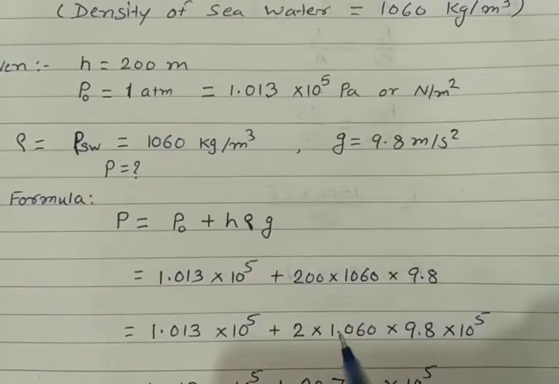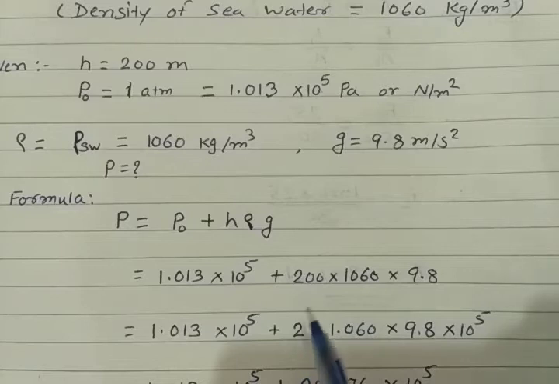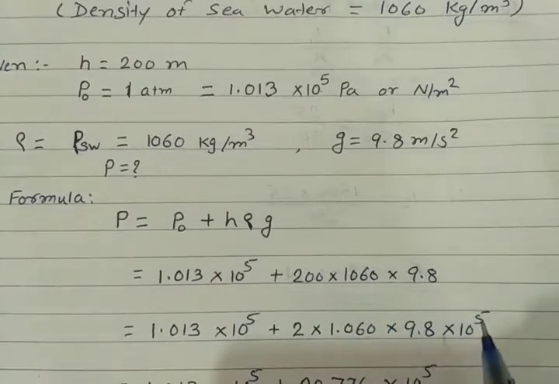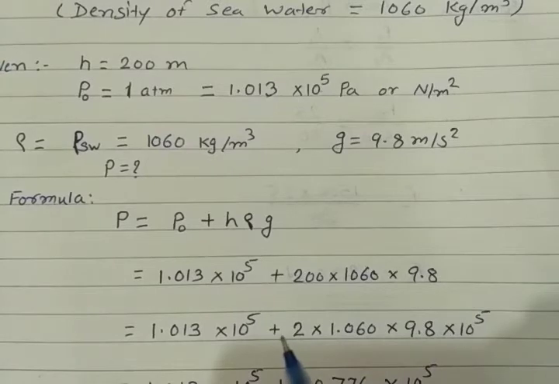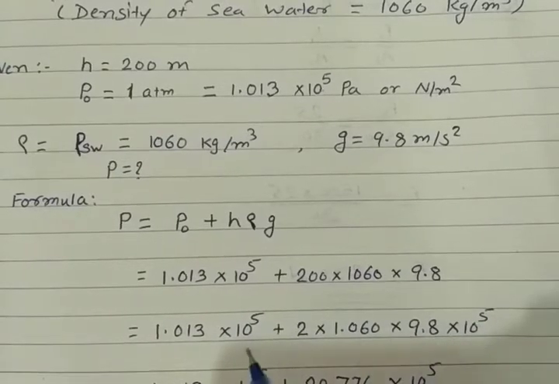So it will become 1.062, and 2 places in 200, so it remains only 2. So we can take the power 10 raised to 5. This is the simplification because we have to add these terms. So on both sides we have taken 10 raised to 5 for simplifying the addition.